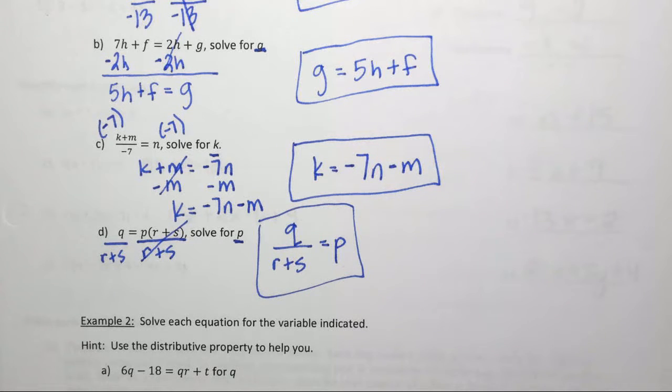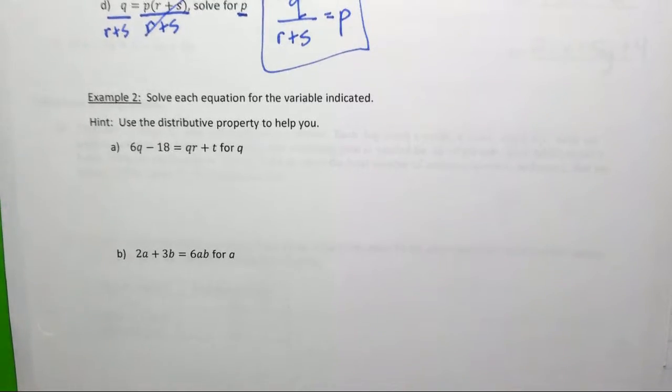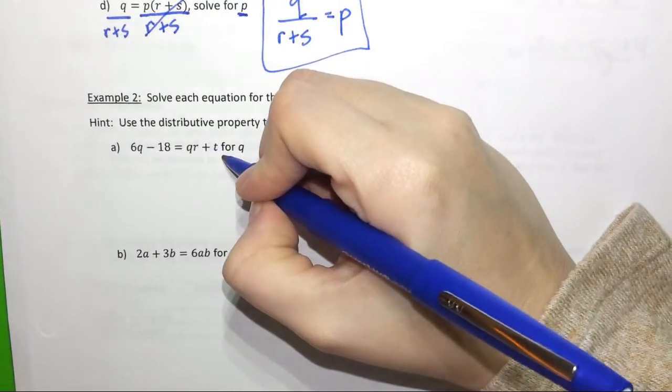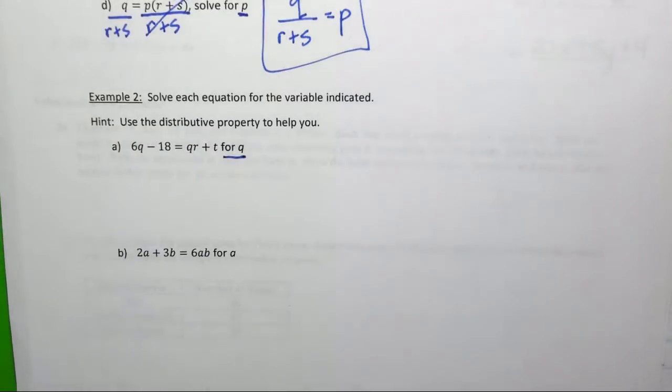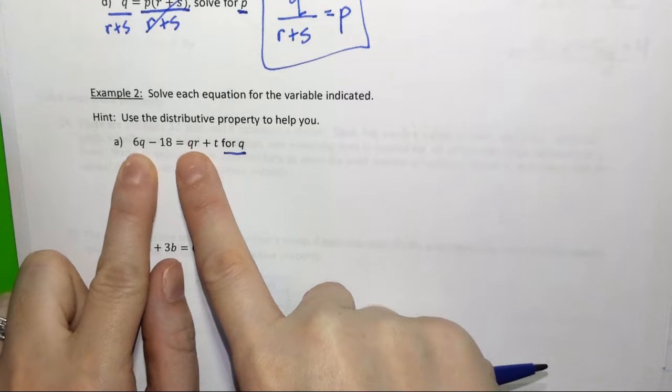Okay, example 2. It's about to get real. You ready? Okay, example 2. This time it says solve for Q. I want you to notice that there's 6Q and there's also QR.